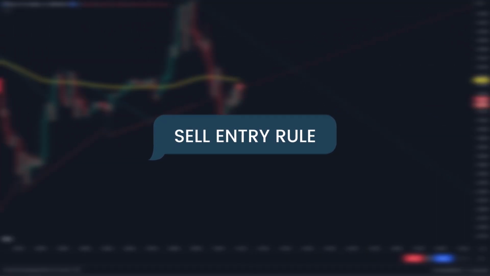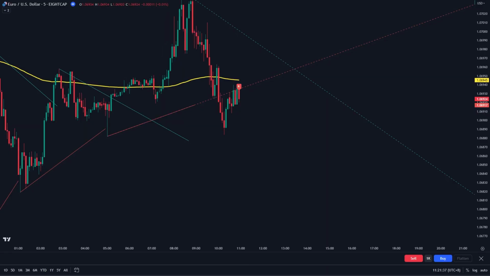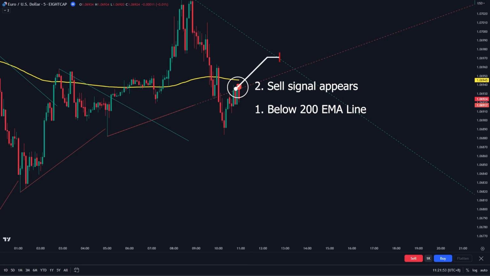Now, let's take a look at an example of a sell transaction on the chart. We can observe that the price action has closed below the 200 EMA, indicating a downtrend. Additionally, the indicator has issued a sell signal, indicating a bearish breakout. Given this setup, you can consider entering a short position.